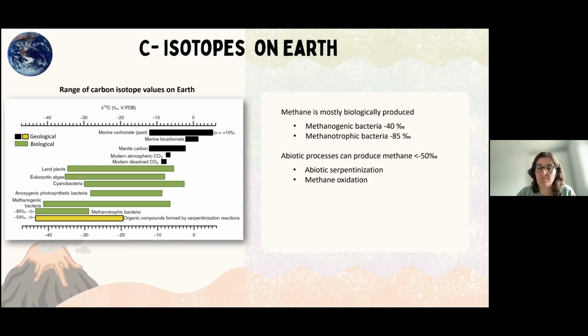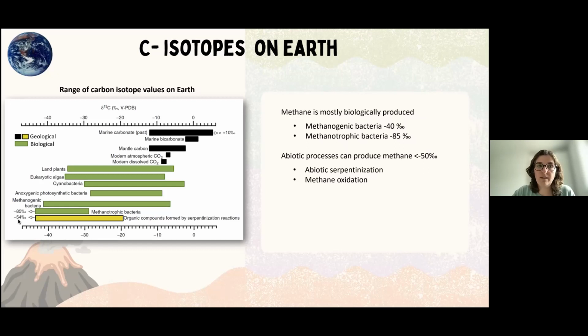However, abiogenic serpentinization, that is the yellow color that I left here at the end, can also produce methane with highly negative delta carbon 13 values, as low as -54.